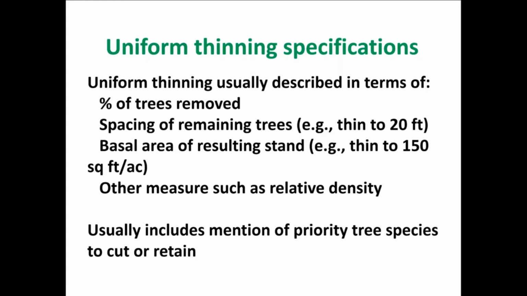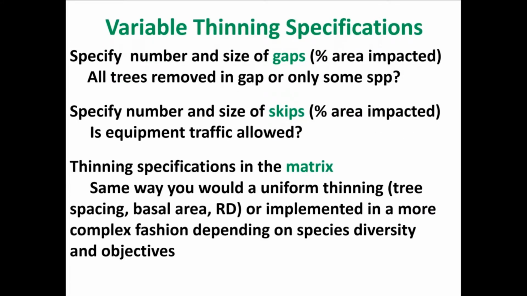So many of you on the call are familiar with how you specify a uniform thinning. Usually you talk about what percentage of the trees removed, or the spacing of the remaining trees, basal area of the remaining stand, or other measures such as thin to a certain relative density. And usually there's going to be some description of priority tree species to cut or to retain.